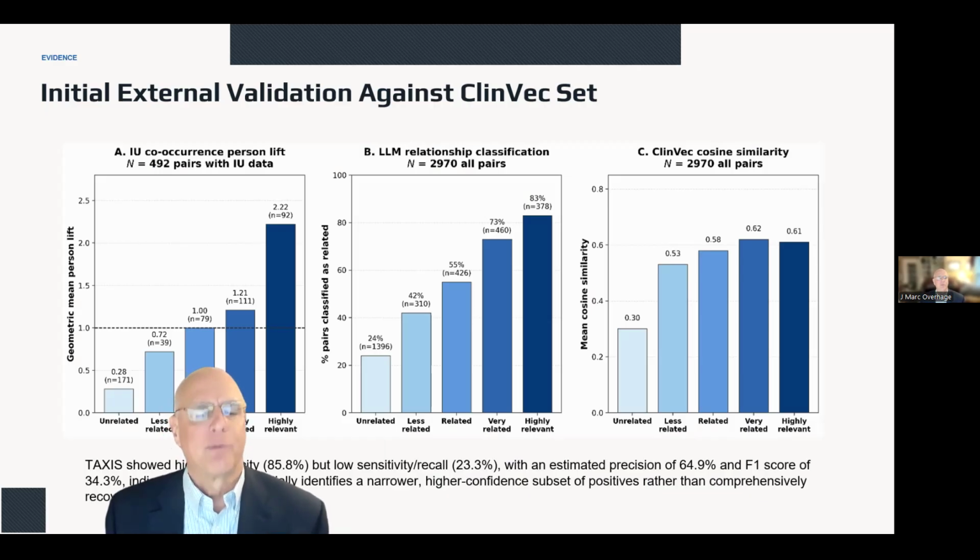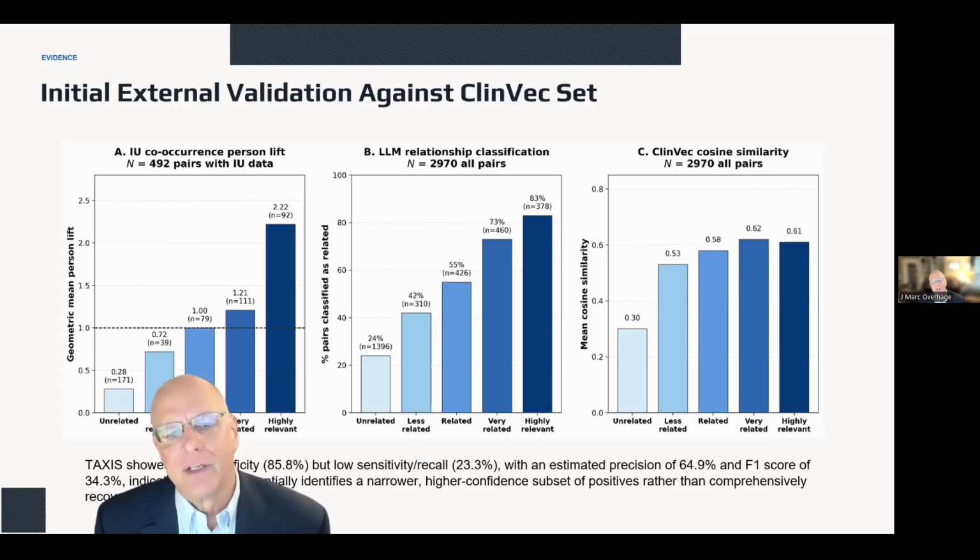This slide shows some of our initial external validation results, specifically using an almost 3,000-pair validation set that was created as part of the ClinVec project. In the first graph on the left, you'll see the lift scores for the physician scored ratings of how pairs compared.